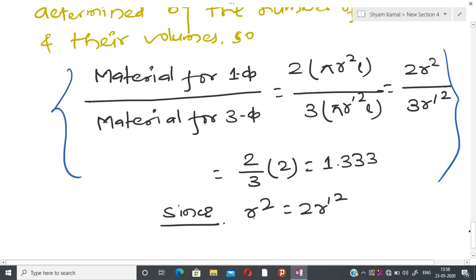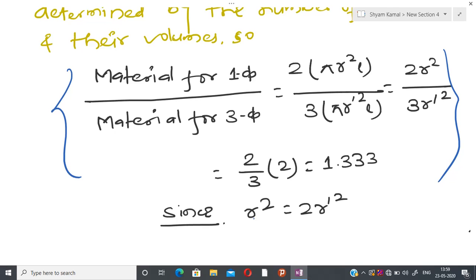This derivation shows that the single-phase system uses 33% more material than the three-phase system, or in another way, the three-phase system uses only 75% of the material used in the equivalent single-phase system.